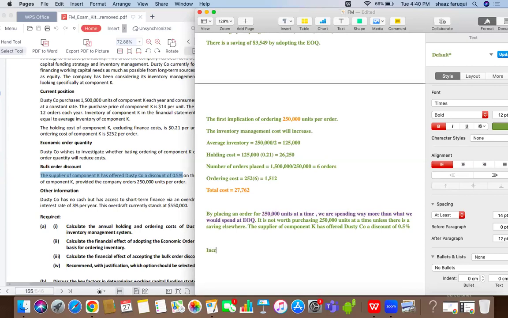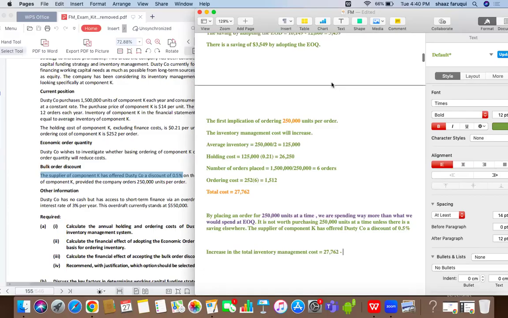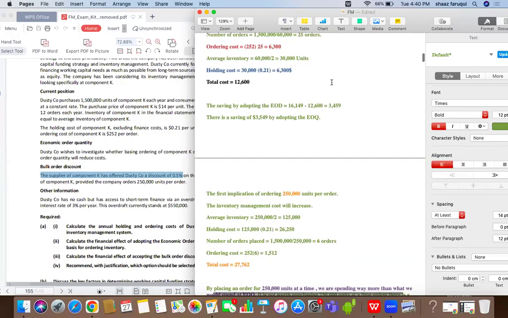The increase in the total inventory management cost would be, by purchasing 250,000 units at a time, you're spending 27,762. And if you went with the EOQ, you will spend how much? 12,600.